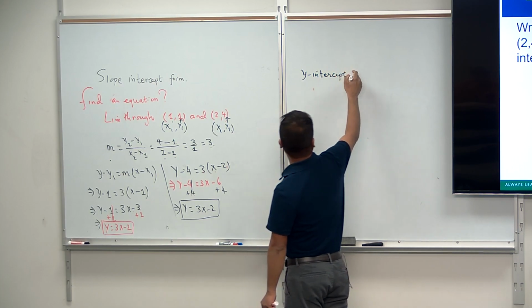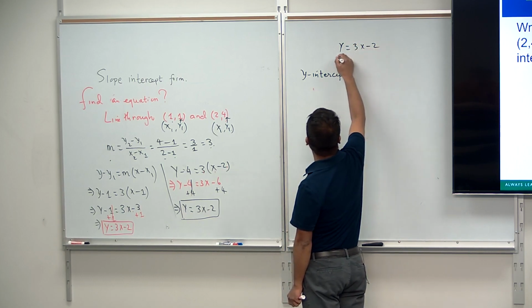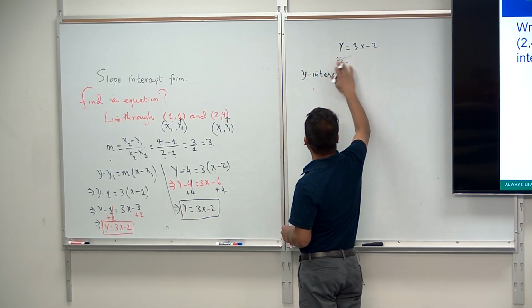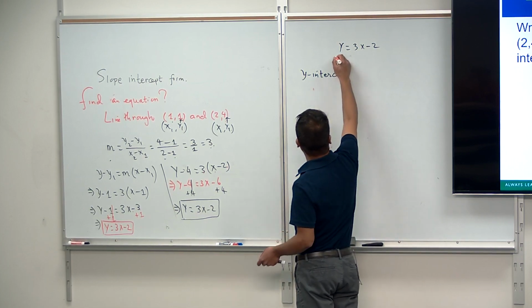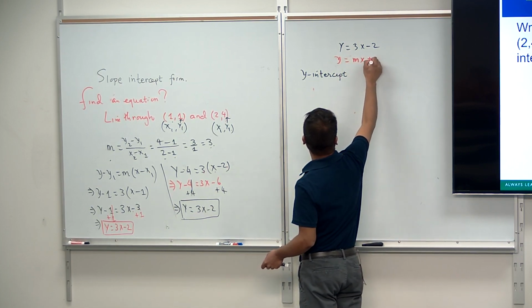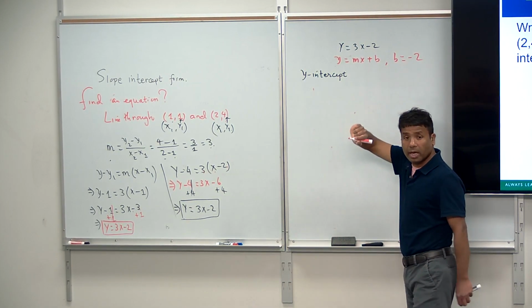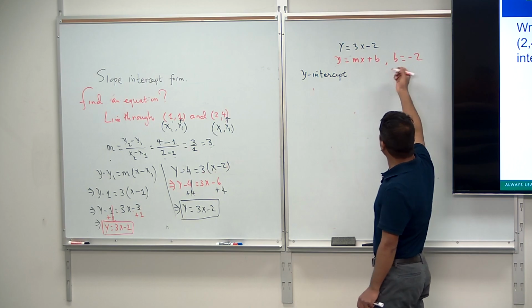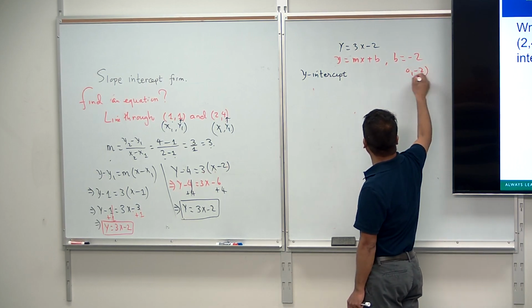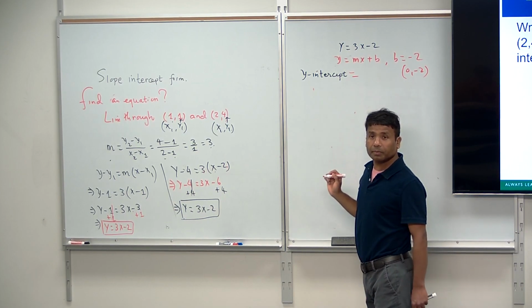You have the equation y equals 3x minus 2. You compare it with y equals mx plus b. B is the value of the y-intercept, which is negative 2. If you want to write it as an ordered pair, it's (0, -2). So this is your y-intercept.